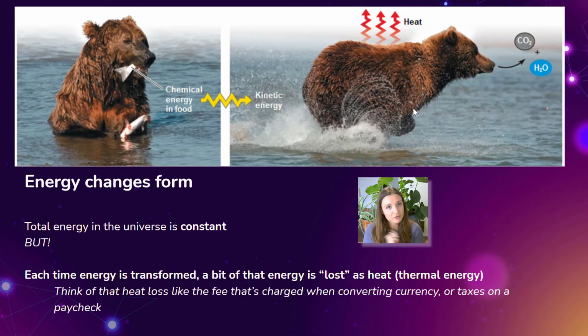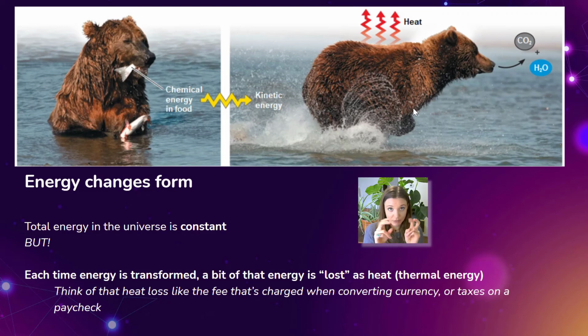So we can't either create or destroy energy. But every time we transform energy, let's say we transform the stored chemical energy in ATP into the energy of movement, right? We're going to contract some muscles and we're going to move. Every time energy is transformed, there's a little bit that's taken off the top.